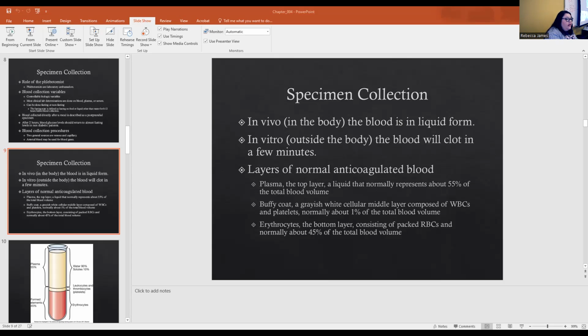You see that little layer right here? That is your white cells and your platelets. That's your buffy coat. Okay, and then here's your red cells. Same with this one, kind of. You see how your red cells are at the bottom, your plasma's at the top, but you see this like thin layer right here? That would be your buffy coat.